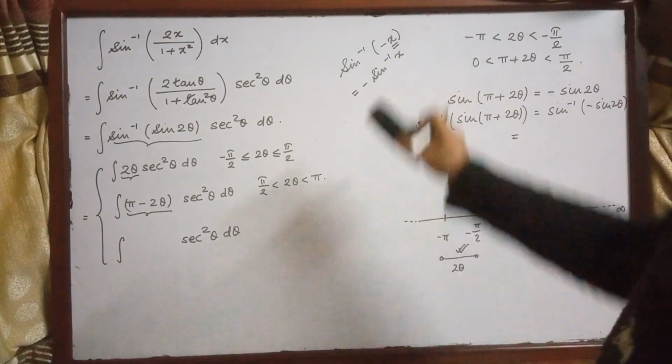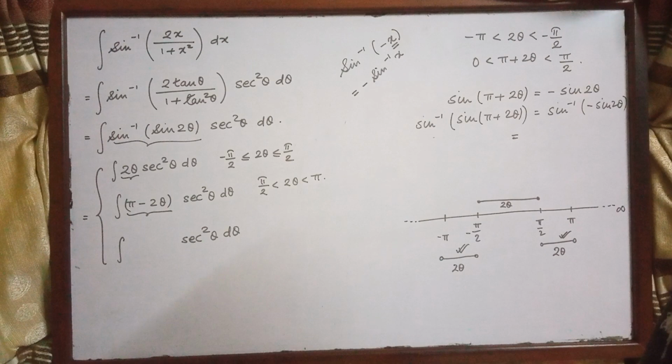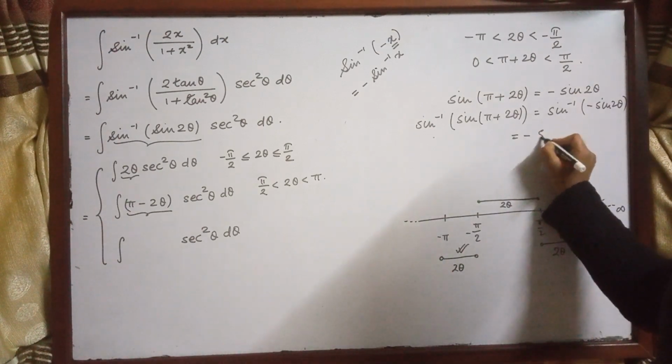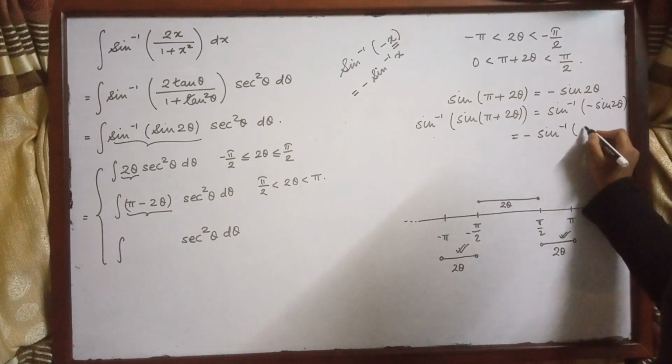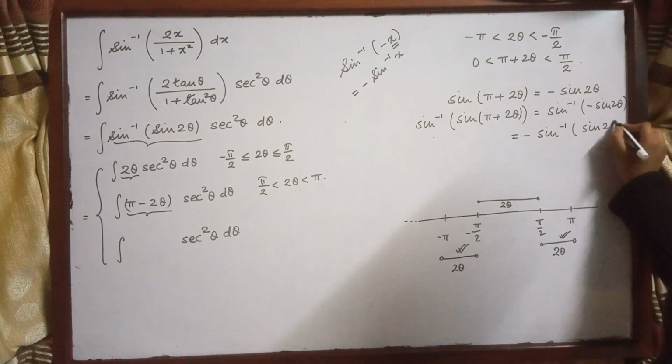And then we can write it like this. So this is equal to minus sine inverse of sine twice theta.